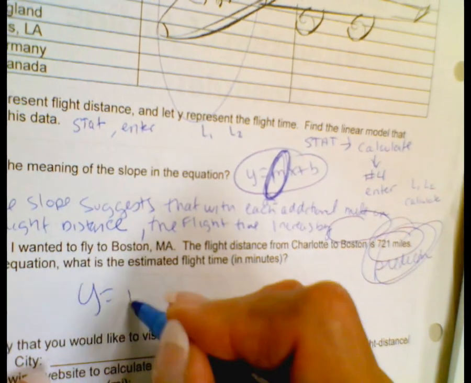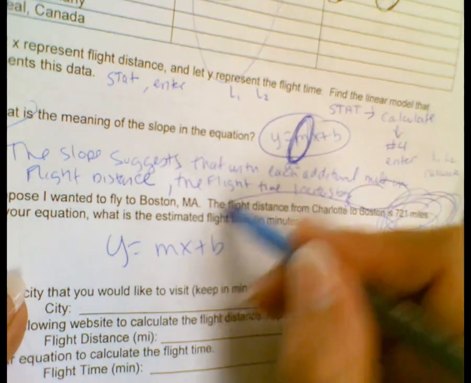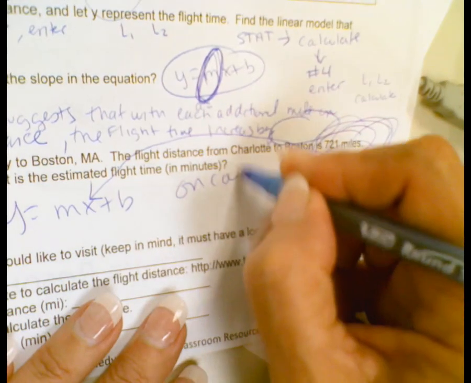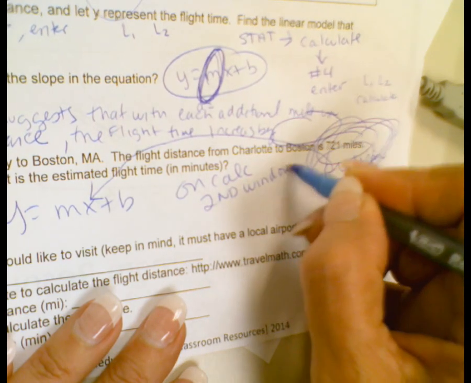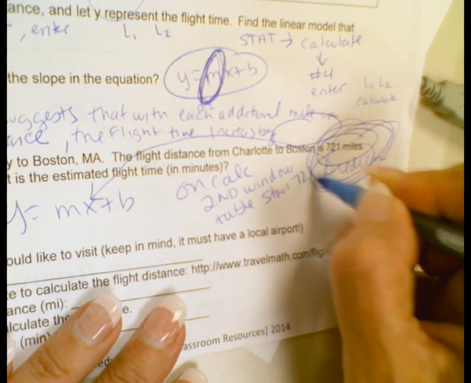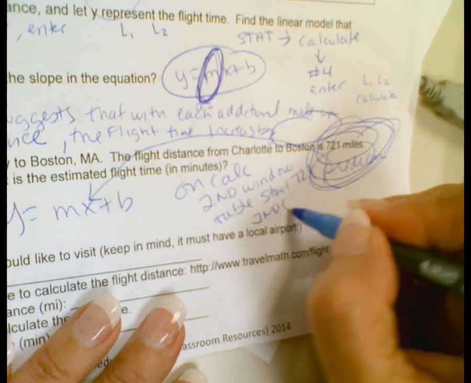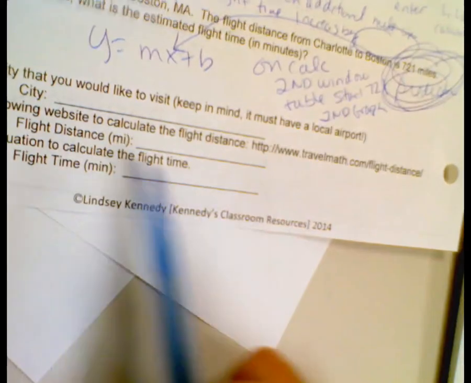Or on your calculator, you can go to second window, where it says table start, put in 721, and then press second graph, and let your table tell you what it is.